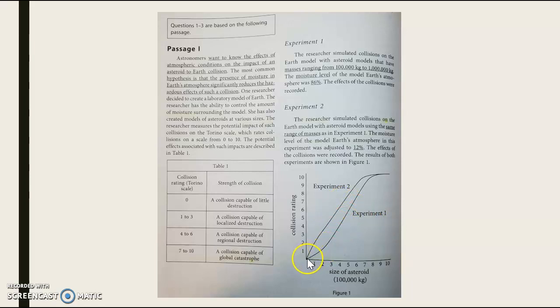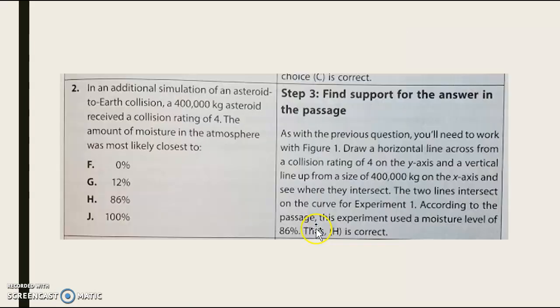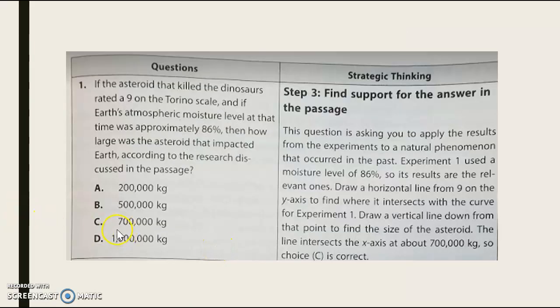So looking at this, I can go up to the value of 9, go over to this point right here, and then come straight down, giving me a value of 7, but keep in mind this is measured in 100,000 kilograms, so I'd be looking at 700,000 kilograms, making my answer C, which happens to be the correct answer.